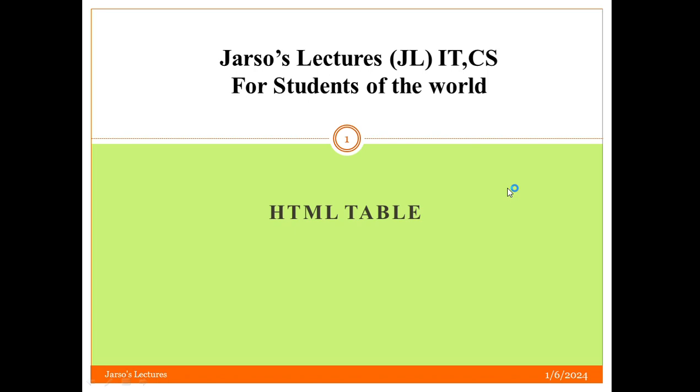This is the lecture about HTML tables. As I have already covered in my previous videos about HTML tags, many HTML elements exist, like the header element, image element, video element, audio element, paragraph element, and link or hyperlink element.